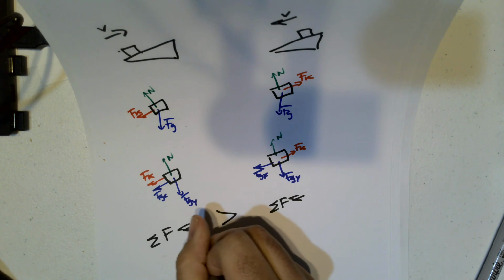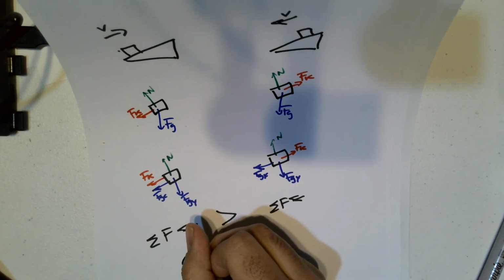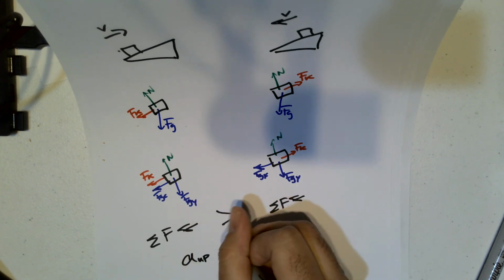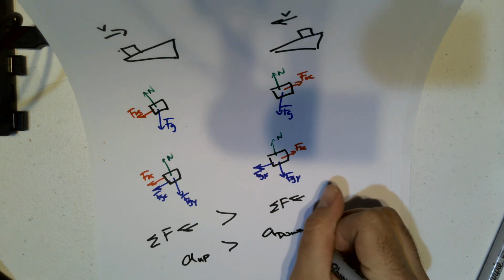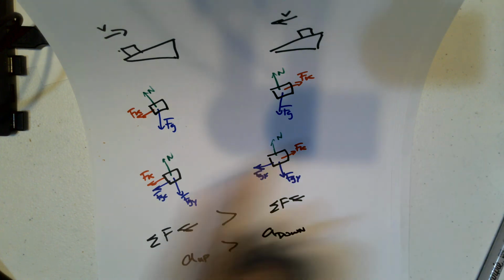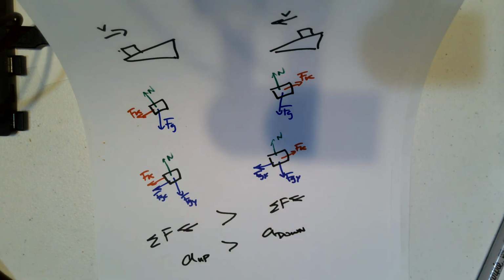So I would expect the acceleration on the way up, which is deceleration, to be greater than the acceleration on the way down, speeding up on the way down. Hopefully that becomes a lot more clear once you've seen that happen.